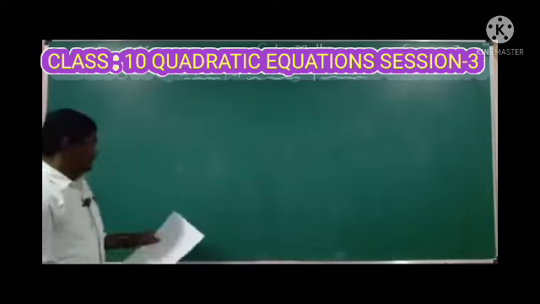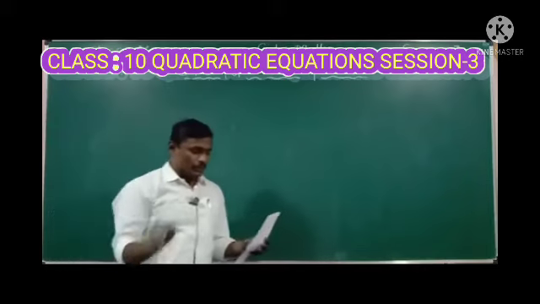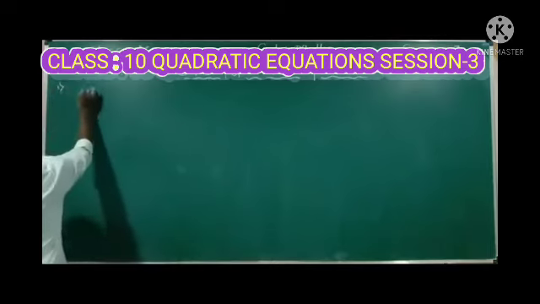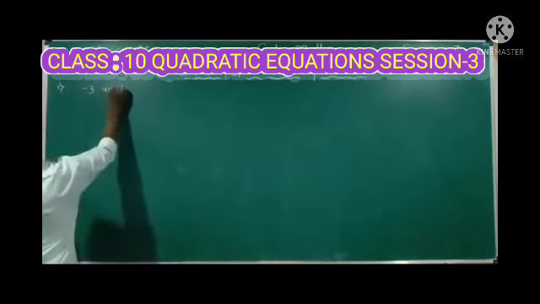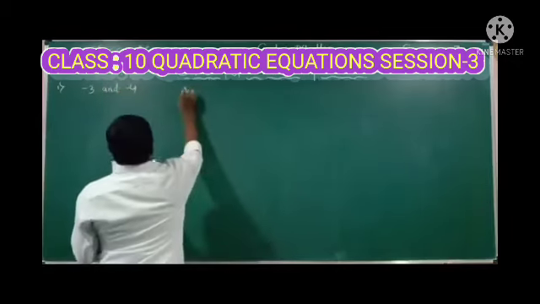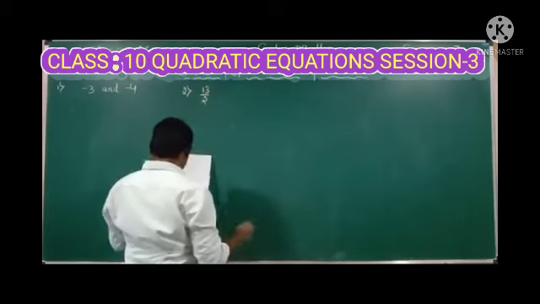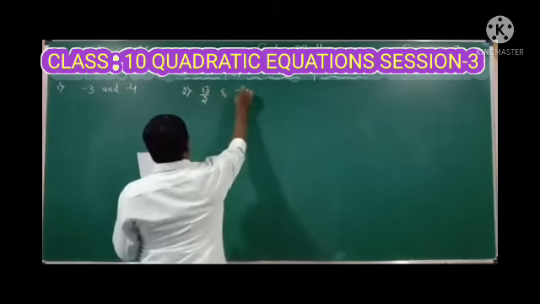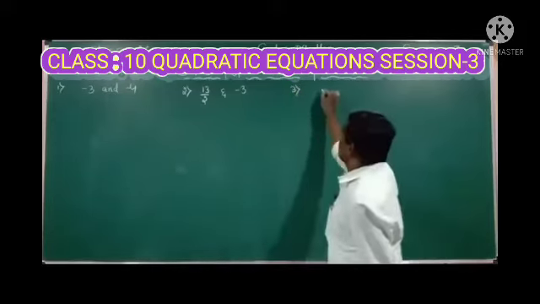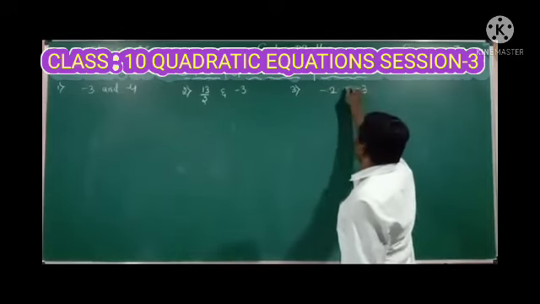So the next type of question is: find the quadratic equation whose solutions are, first one, minus 3 and minus 4, second one, 13 by 2 and minus 3, third one, minus 2 and minus 3.